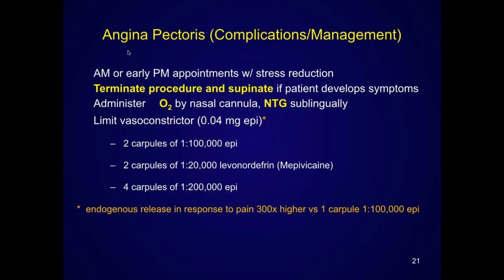Oxygen, okay, high flow for anybody who's not chronic obstructive disease, low flow for people who are. Nitroglycerin, you start giving them that. And then we talk about limiting the vasoconstrictor again, with the understanding that the patients are going to produce a lot more epinephrine. So keeping your patients comfortable with stress reduction, IV sedation, things like that is known, it's helpful, and there's plenty of studies to support it.